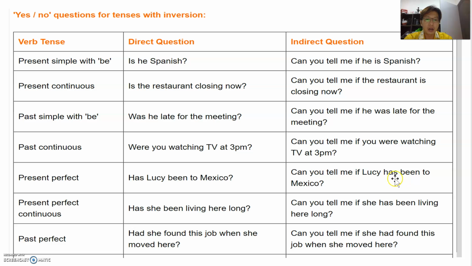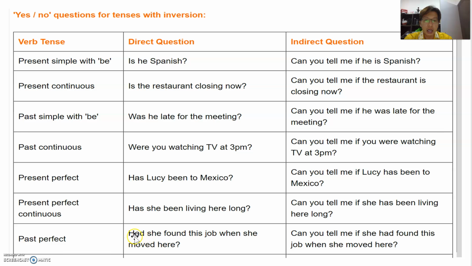Is it clear? Okay, we try again. For direct question, has she been living here long? Can you tell me if she has been living here long? Okay, we try again. Had she found this job when she moved here?